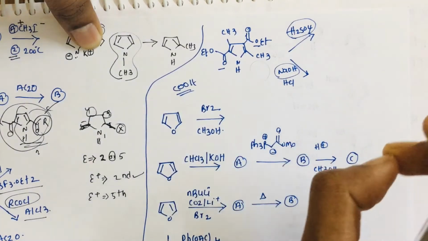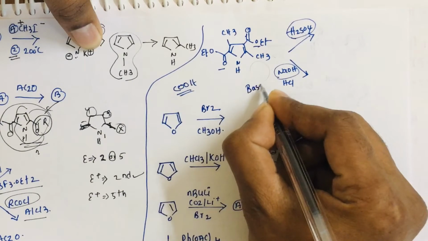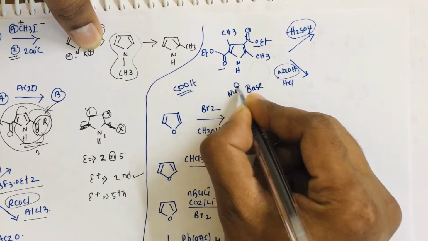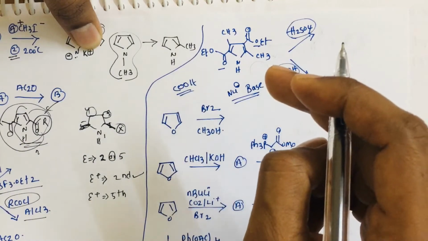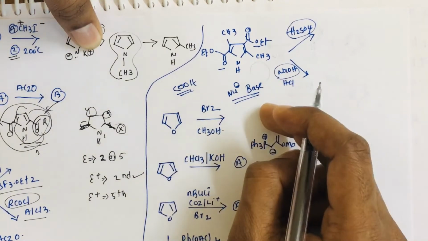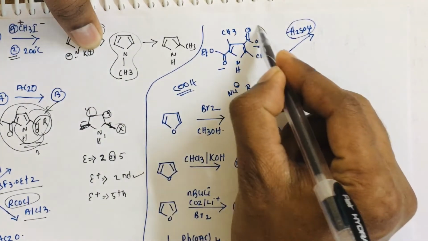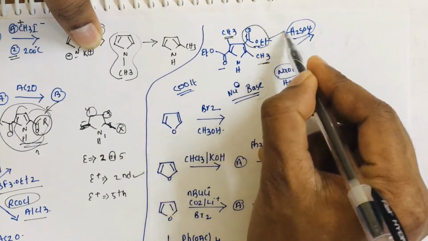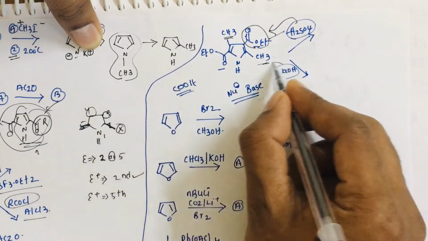So just apply a simple concept here. This is the base. Base means what? We can consider it as a nucleophile. So this goes and hydrolyzes the ester group which is having less electron density. See, this ester group is flanked between two methyl groups, so this is having more electron density. So the acid goes and hydrolyzes this one, and base will hydrolyze this one.